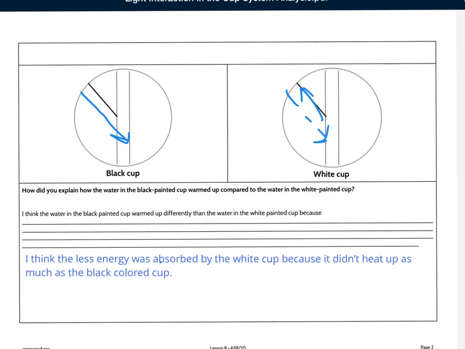Okay, so I think less energy, actually this would just be, I think less energy was absorbed by the white cup because it didn't heat up as much as the black colored cup.